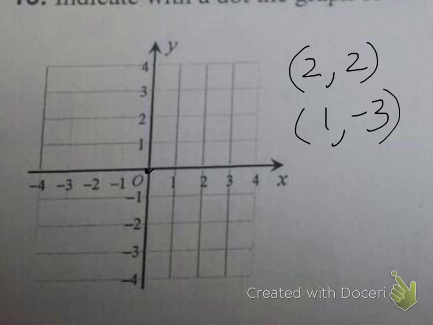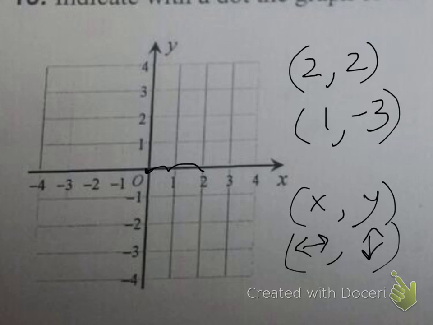We're going to go, first of all, X, or to the right, 2 places, 1, 2, and then for Y, we go up because it's a positive, up 2 places. So our first dot is going to end up being right there.